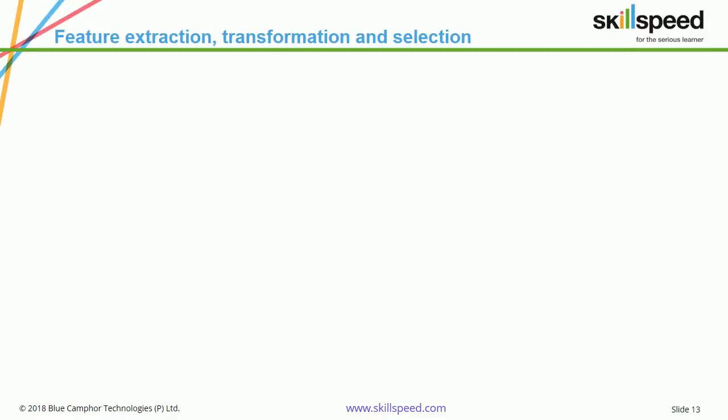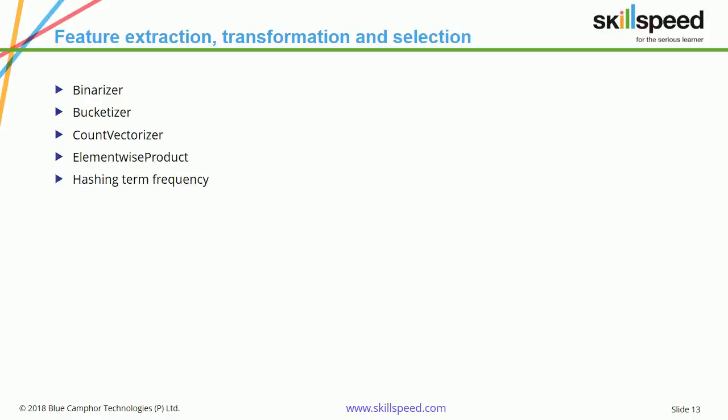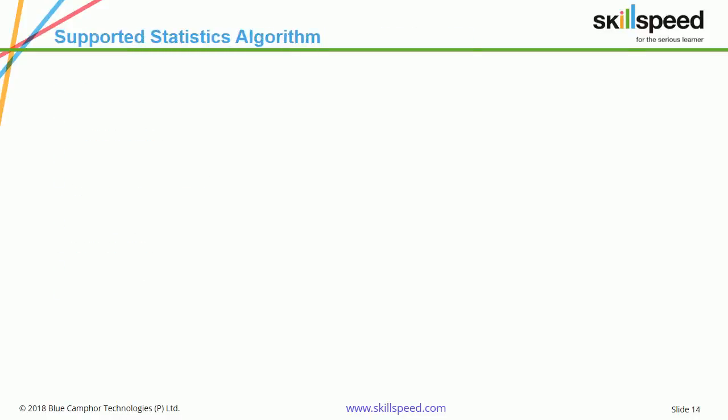When we are looking at feature extraction, transformation, and selection, there is a wide variety of algorithms supported, such as binarizer, bucketizer, count vectorizer, element-wise product, hashing term frequency, n-gram, normalizer, vector indexer, vector slicer, and word2vec.